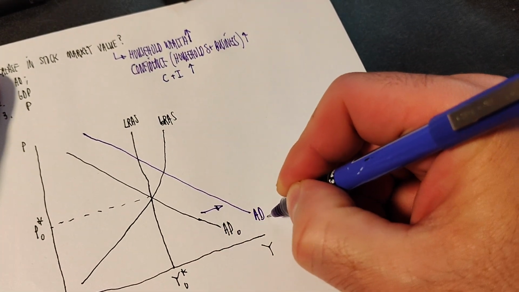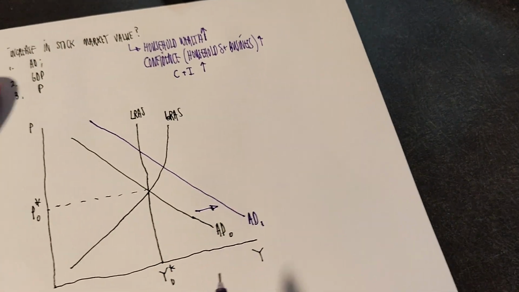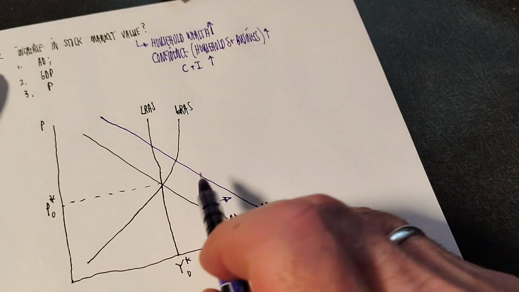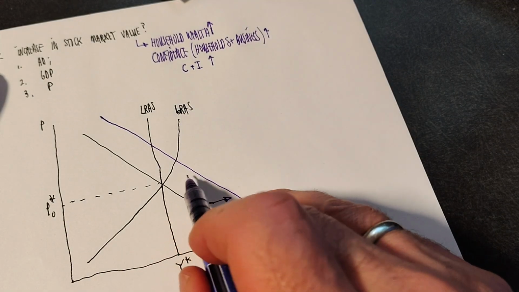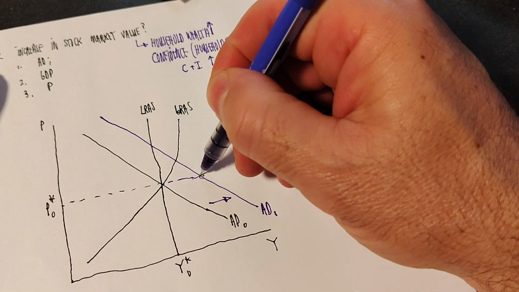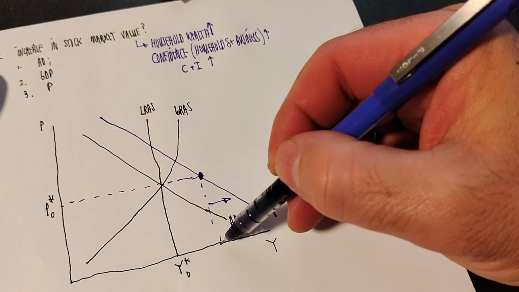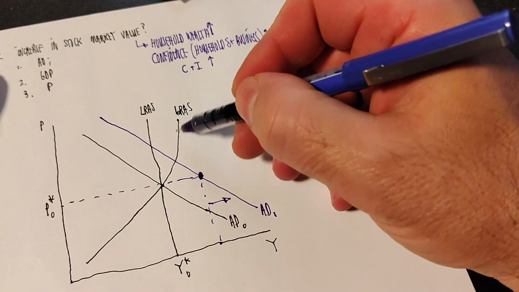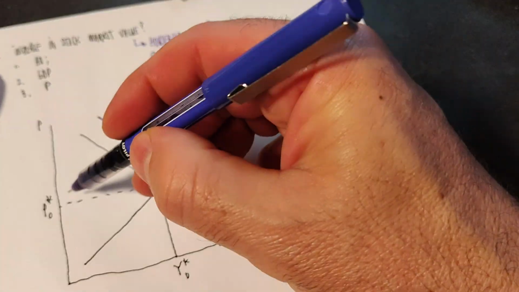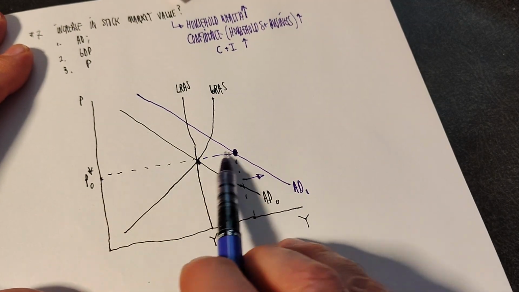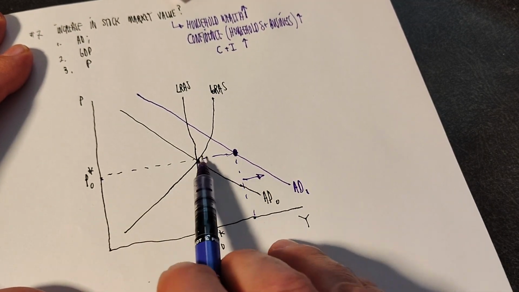So we'll have a new aggregate demand curve here at the old price level, P star 0. You can see that this now is how much the economy wants to consume all the way out here. But this is the short run aggregate supply curve. This is what the economy is producing from here to here. So this distance is greater than this one, and that's a shortage.